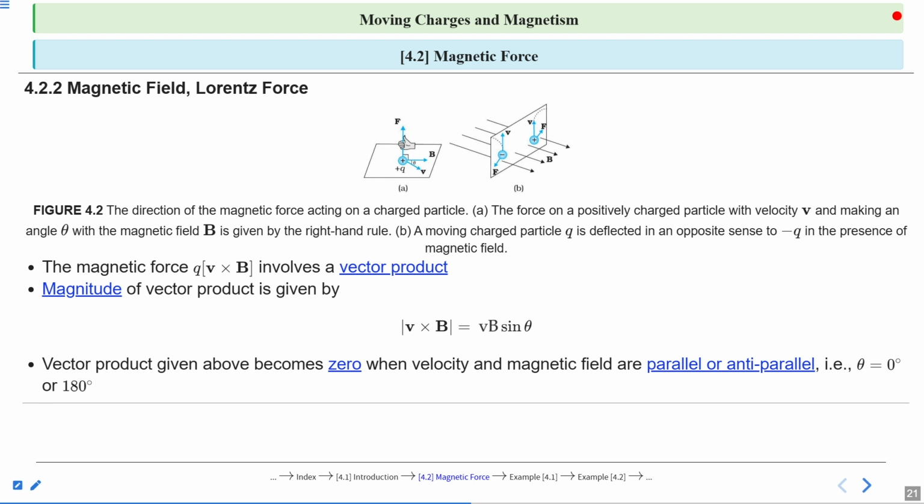In this condition, the vector product will be 0 and hence the magnetic force will be 0. If the charge is moving with velocity v in the direction of the magnetic field or opposite to it, then the force experienced by that charge will be 0.